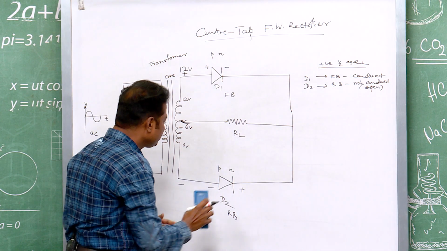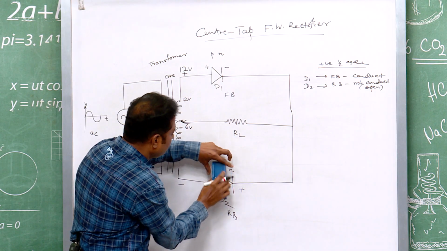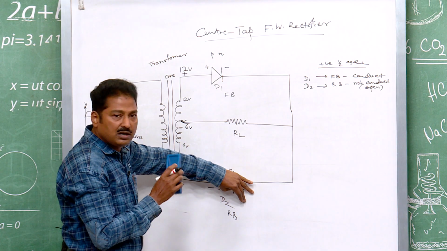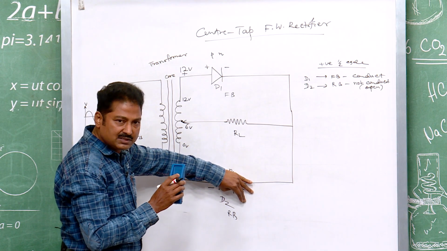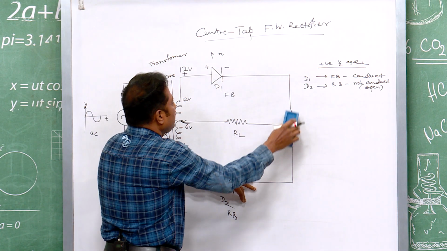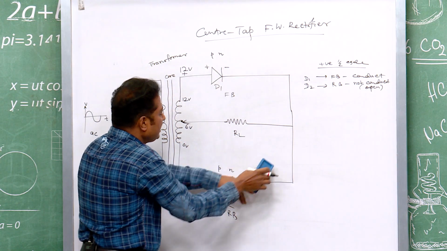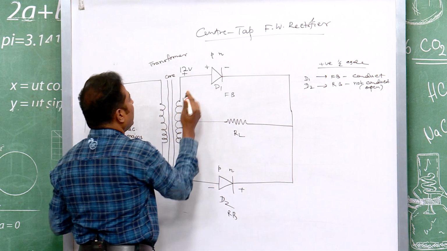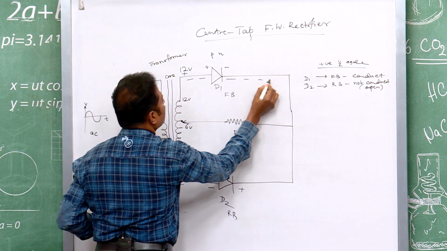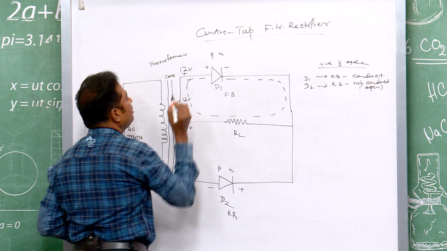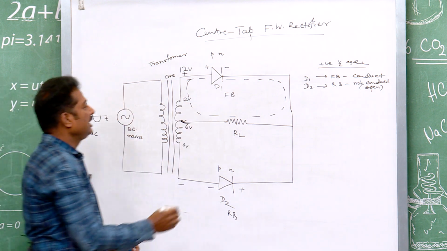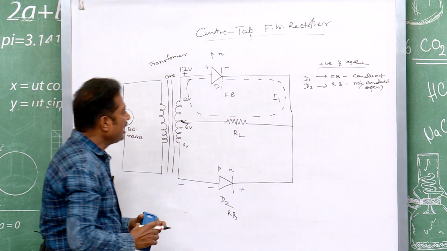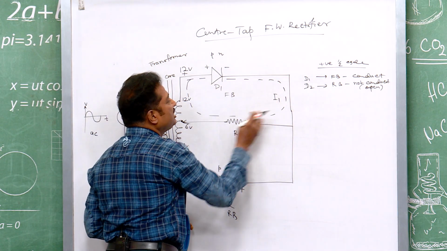Now, you just cut it, you think that this is not there. Then will the current flow? Yes, because this circuit will now be completed. This circuit is not completed, this is open. So, this circuit will be completed and the current will flow this way. This is your closed circuit. So, let it be I1, current 1. So, I1 will flow during the positive half cycle.